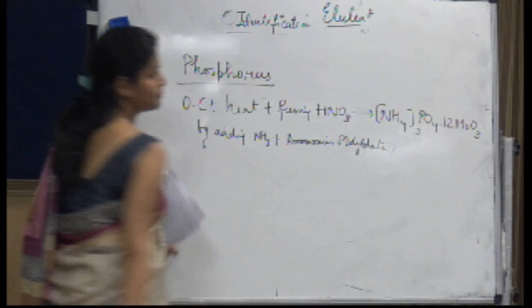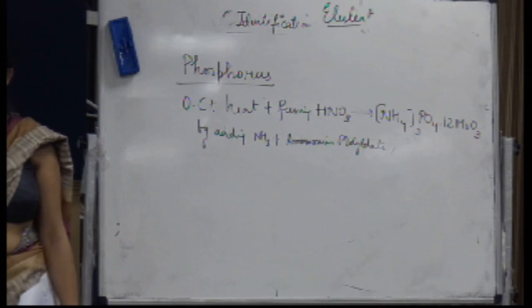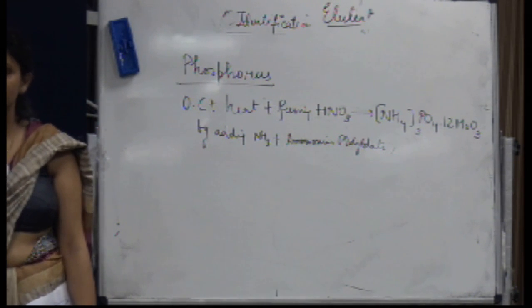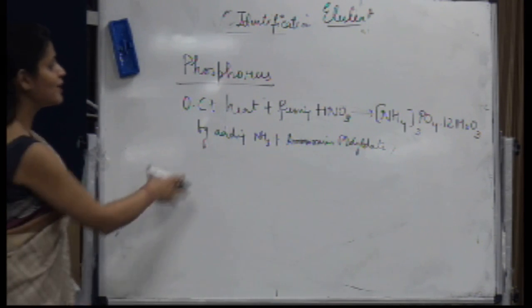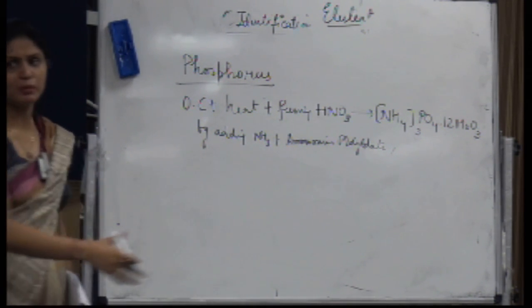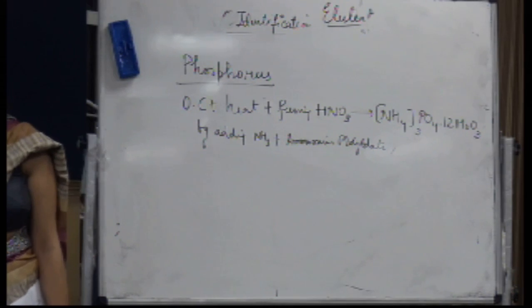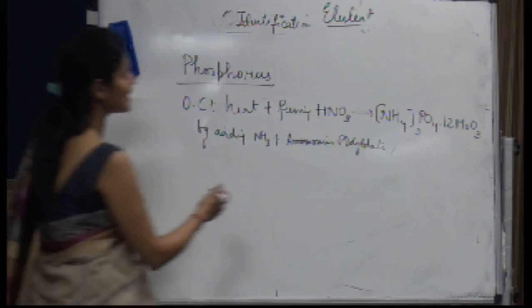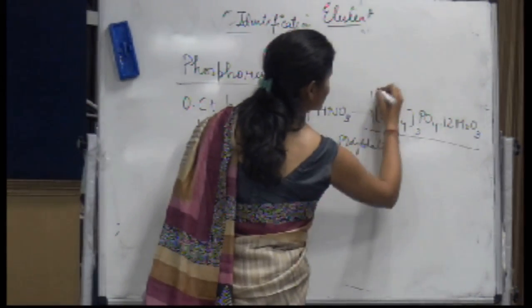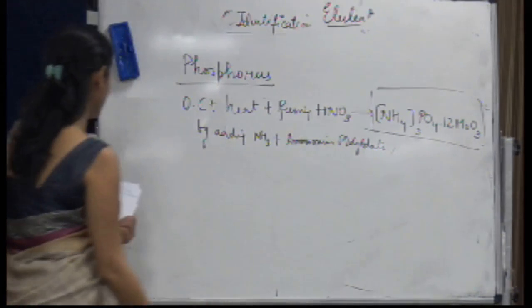Then you will add ammonia to it and then ammonium molybdate. This is the test you must have performed in school. This gives a very nice yellow precipitate of ammonium phosphomolybdate.